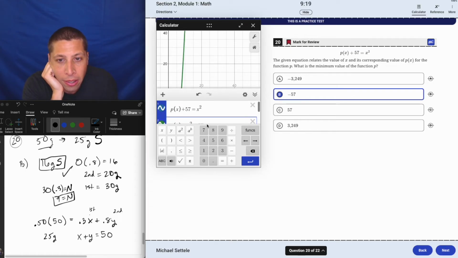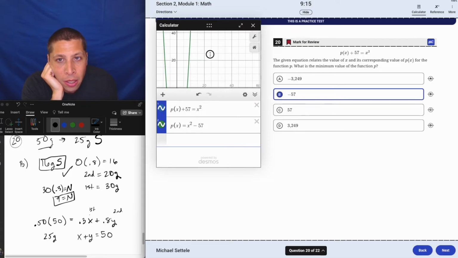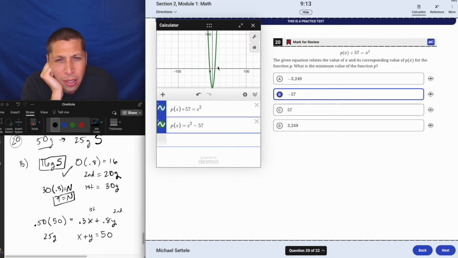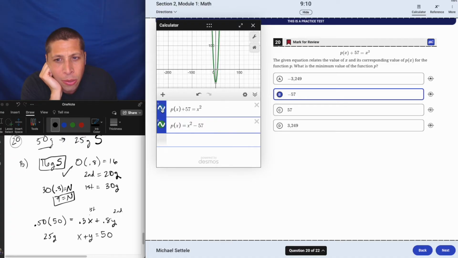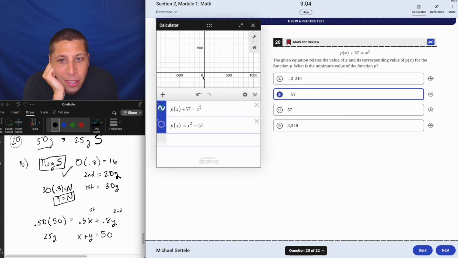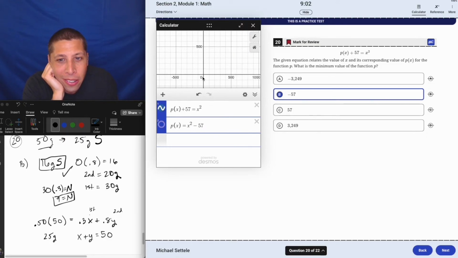I didn't make this go away. This is so annoying. There we go. So there it is. And guess what? If I get rid of the green, oh, I thought the blue would show up. Where is the blue? Because now, what is it even doing?